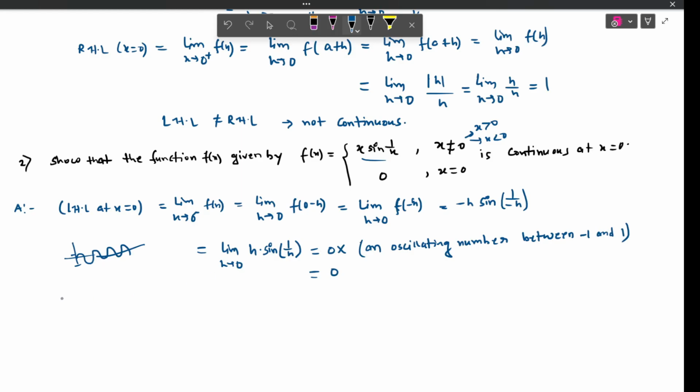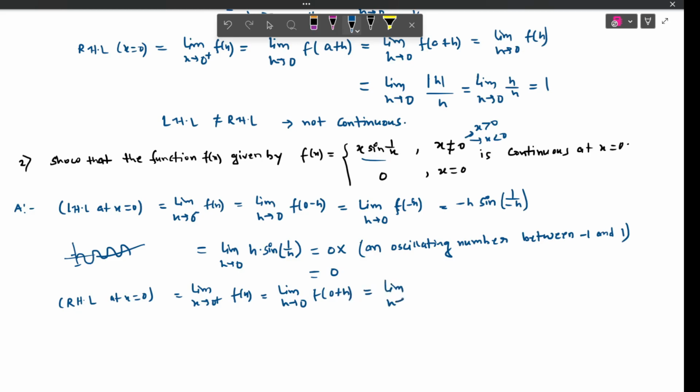Now let us check right hand limit at x equals to 0. It would be limit x tends to 0 plus f of x, that is limit h tends to 0 f of 0 plus h.